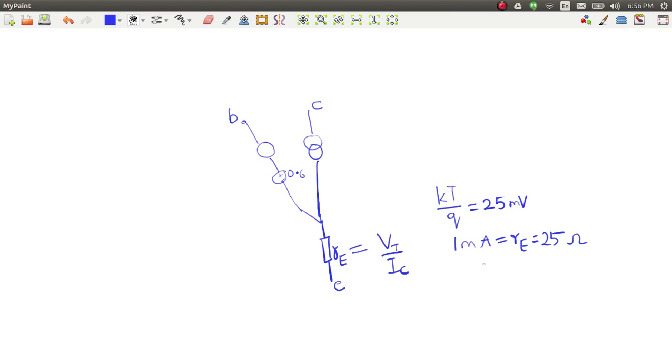Roy pointed out that one way to check if the BJT, the bipolar transistor, is functioning or not, is to bring something that heats it up, maybe a soldering iron near the top of the transistor, and you would see that as the temperature increases, this VT increases and the resistance actually increases.